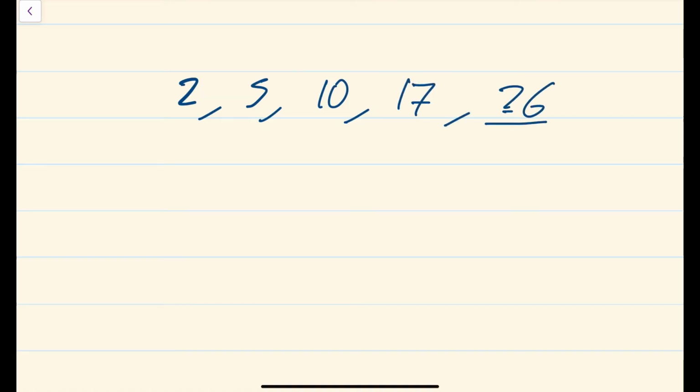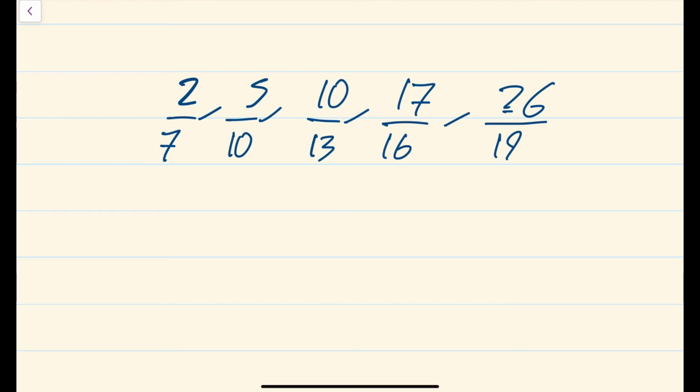Okay, let's just make one up off the top of my head here. Right, I'm going to go for 2, 5, 10, 17, 26, and on my bottom line, 7, 10, 13, 16, and 19.